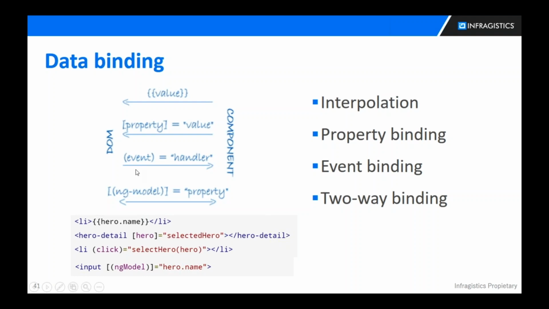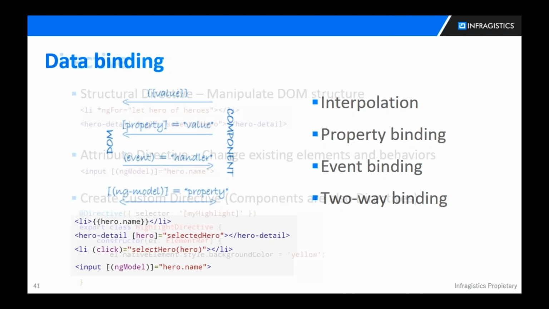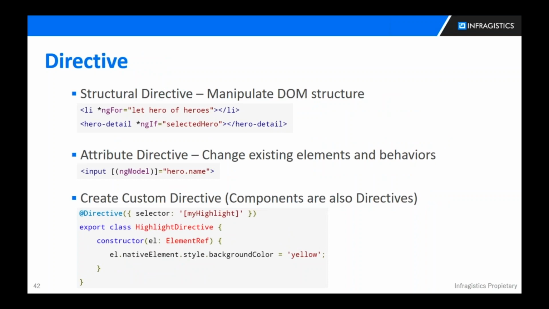This is a pretty strong feature. Also, there are directives. You can use directives to manipulate the DOM, or, as I said, embed data into your UI, or you can create a custom directive of your own.